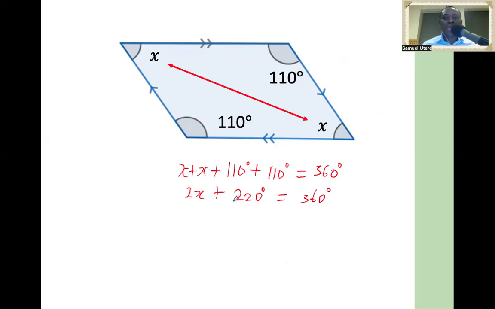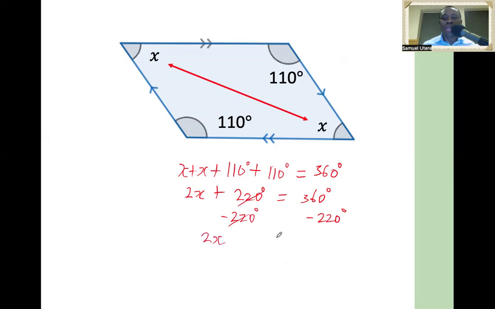Now, putting our equation solving skill to good use, to make the x stand on its own, we have to eliminate the thing that is immediately preventing us from doing that. So we subtract 220 degrees from both sides. Remember, whatever you do to one side of the equation, you have to do to the other side.